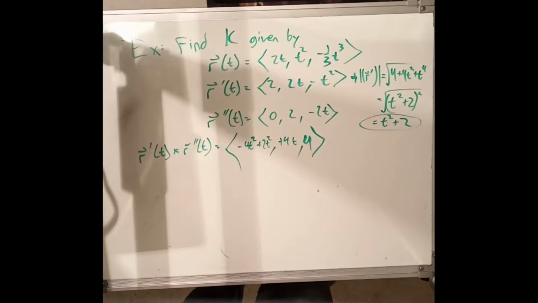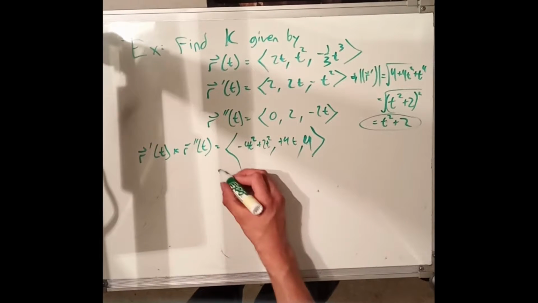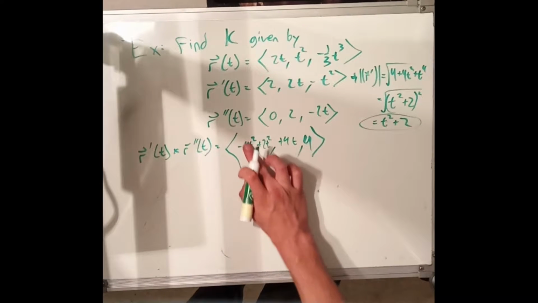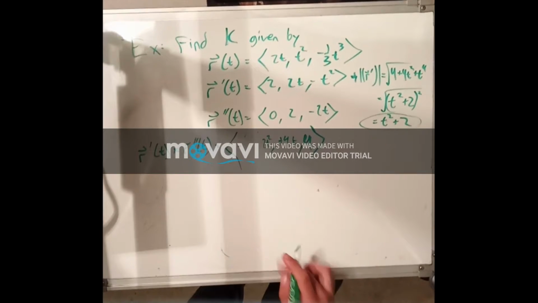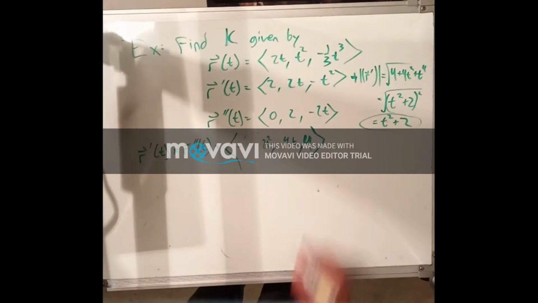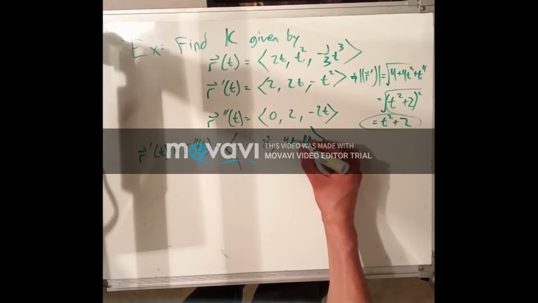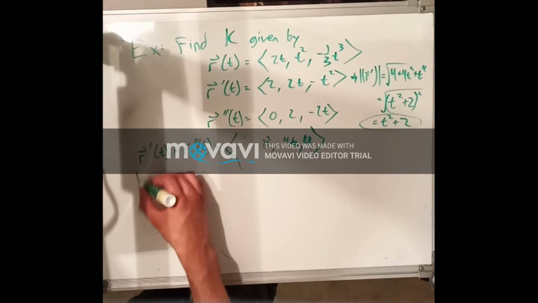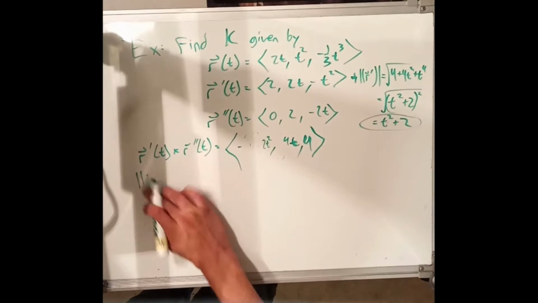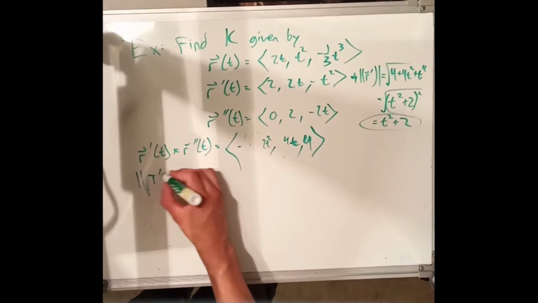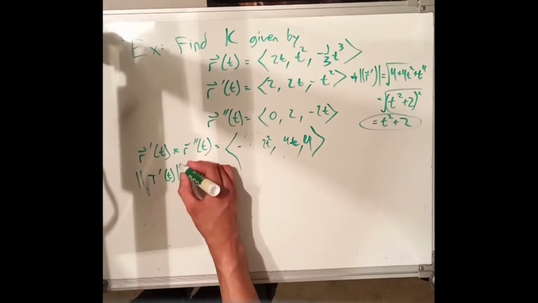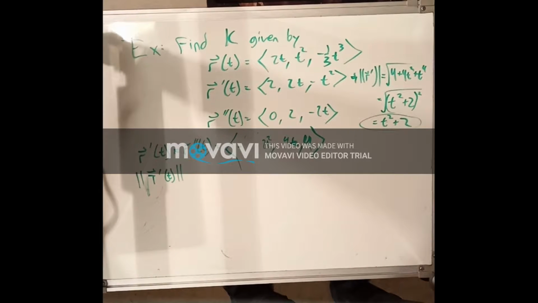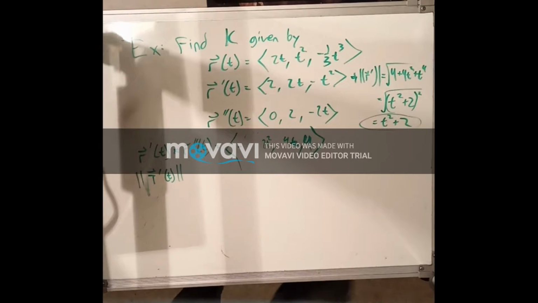When we normalize this, we can simplify it. This will just simply become negative 2t squared, still 4t, and 4. Just remove the positive sign, it's unnecessary. When we normalize this, we can just call that r prime of t, since that is the equivalent formulation to what we have found in the previous one.